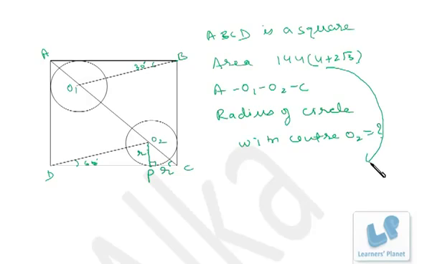I am copying this expression over here, 4 plus 2 root 3. Can you suggest two numbers whose product is 3 and sum is 4? Obviously 1 and 3, right? So root 3 plus 1 whole square. If you open that up, you get 3 plus 1 plus 2 root 3, that's 4 plus 2 root 3, right? So the square root of 4 plus 2 root 3 will be root 3 plus 1, because this is actually (root 3 plus 1) whole square.